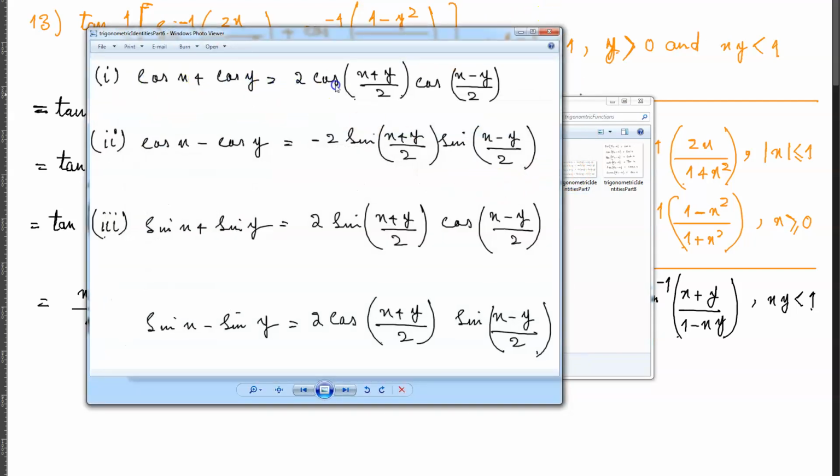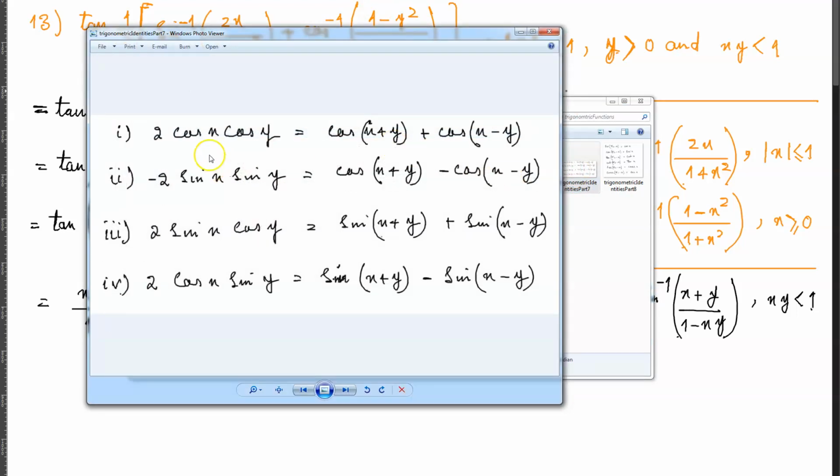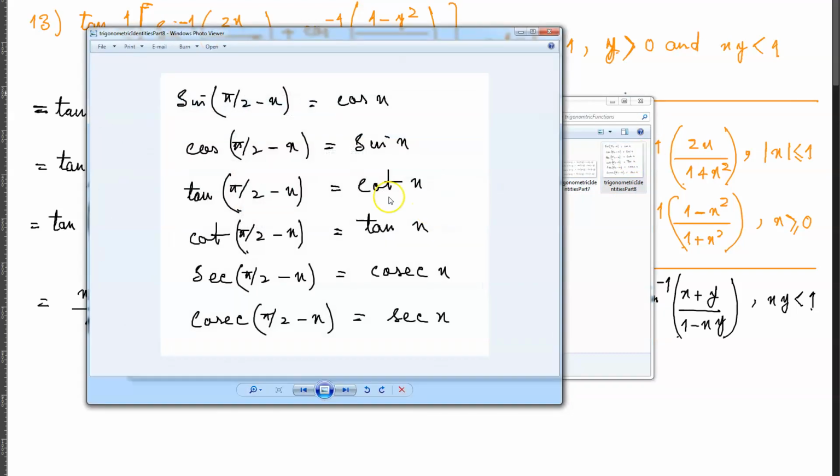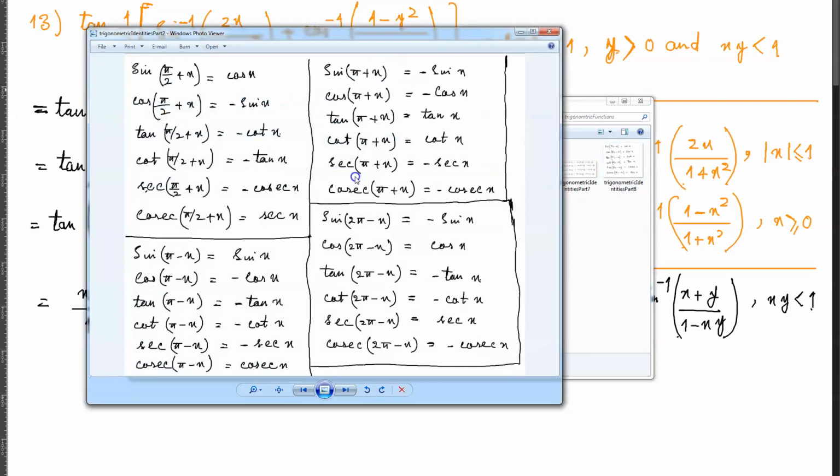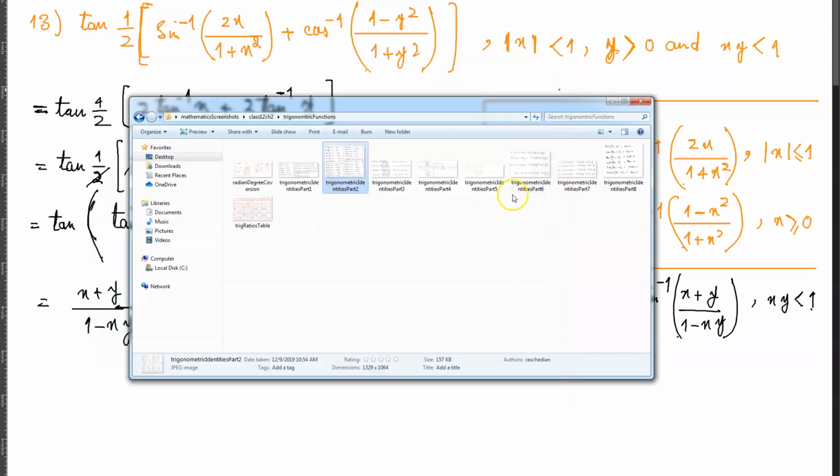There are these trigonometric identities, cos of x minus cos of y, cos of x plus cos of y, and so on and so forth. That's also simple. There are formulas related to the formulas I just showed you, and there are formulas left out from the ones we did here, so you need to add those to this list as well.